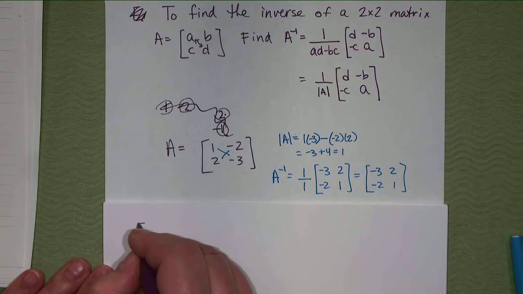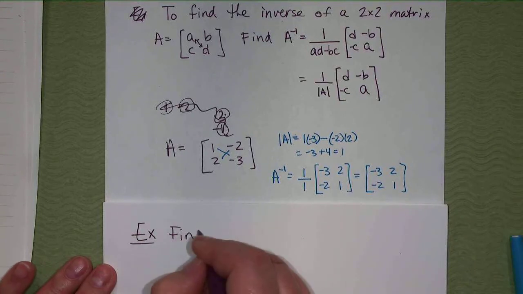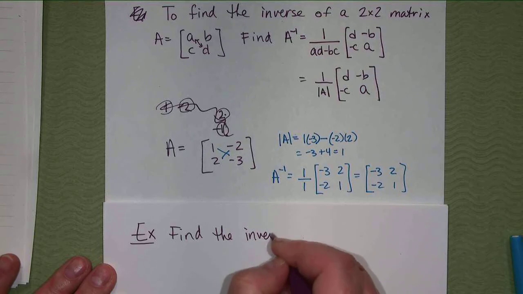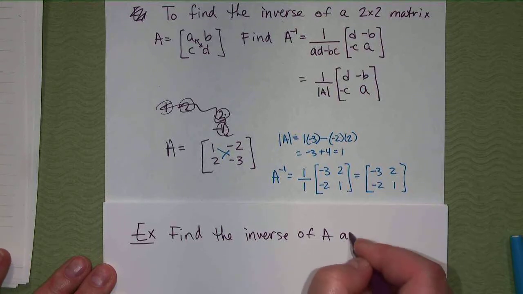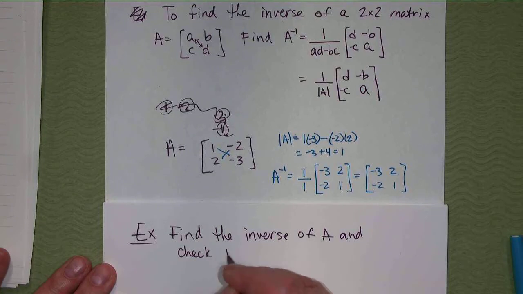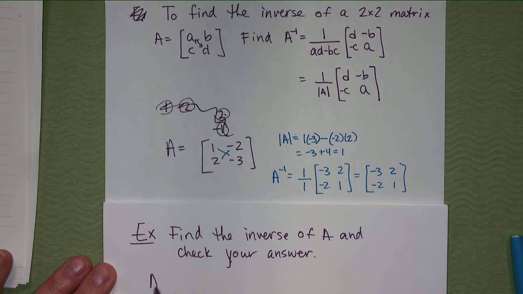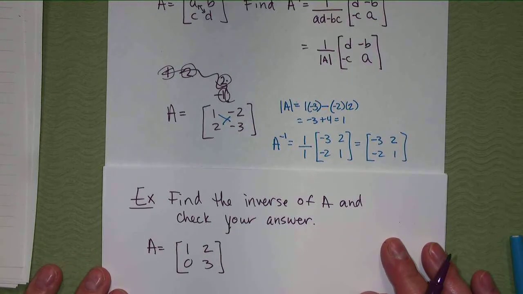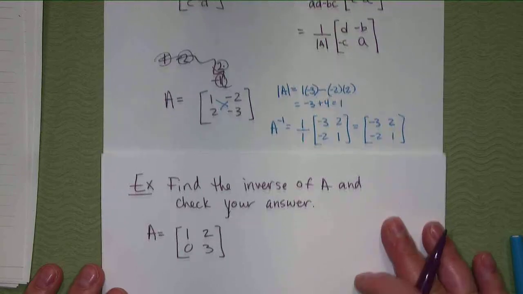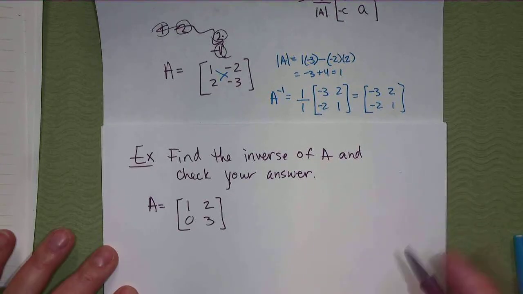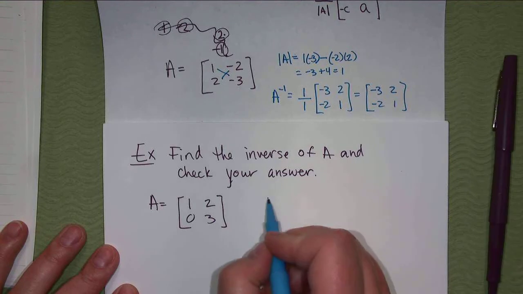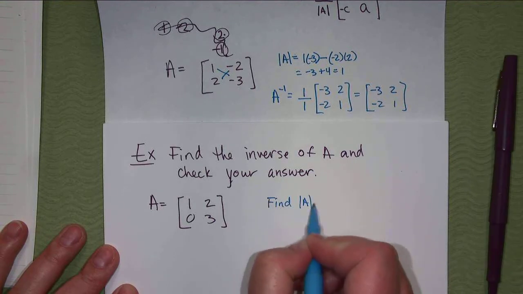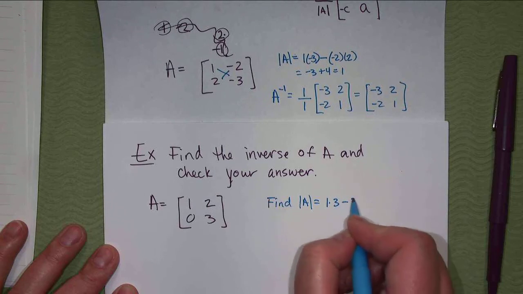All right, so example. 1, 2, 0, 3. Okay, so first find the determinant of A, which is 1 times 3 minus 2 times 0.